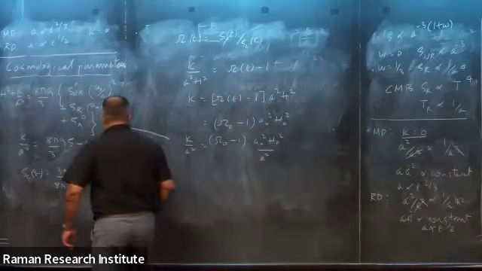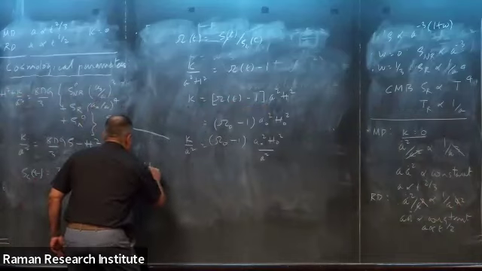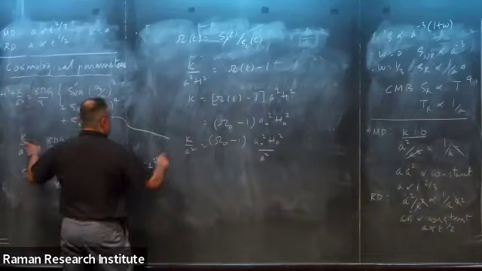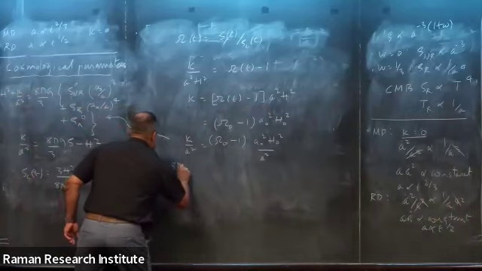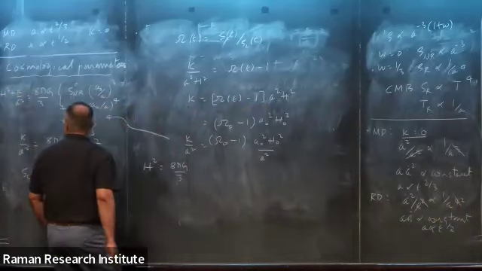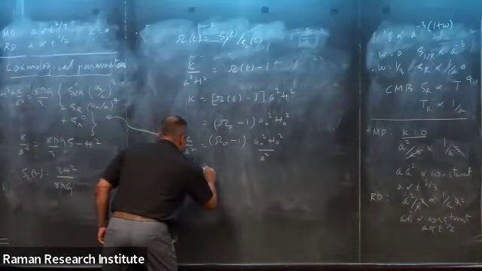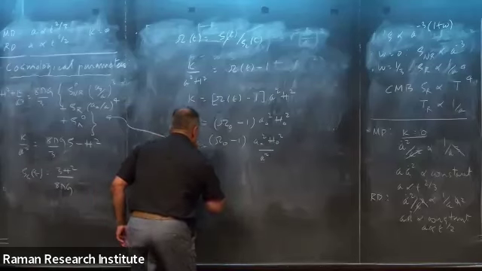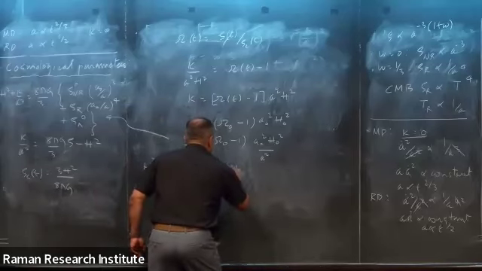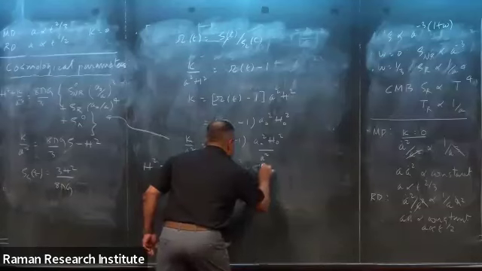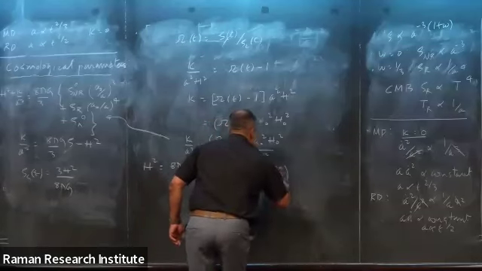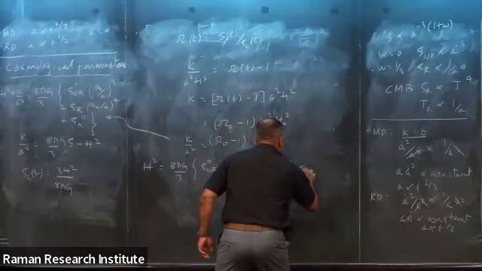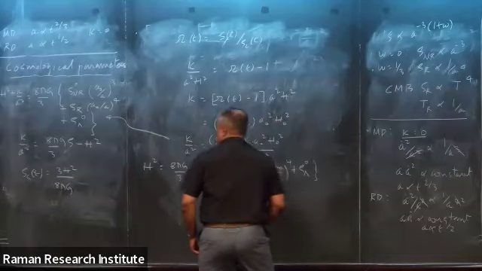So I can plug this in. And what do I have? I have h squared. I'll take this kappa by 8 pi g by 3. Right? So rho nr naught a naught by a whole cube plus rho r naught a naught by a whole power 4 plus rho lambda naught.